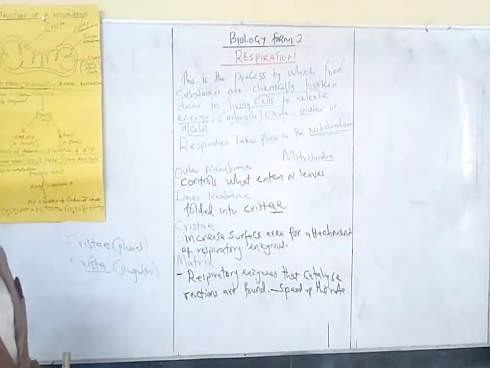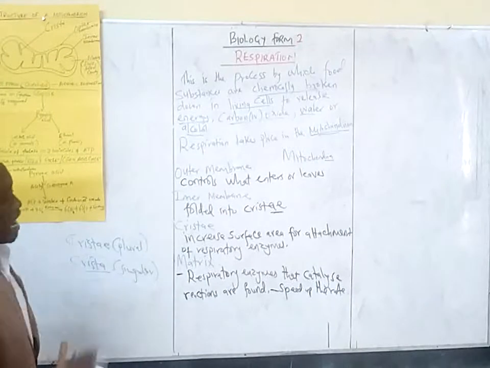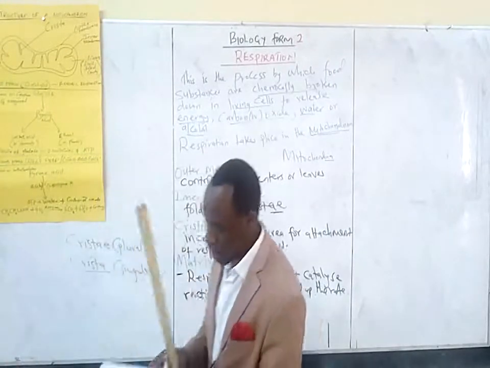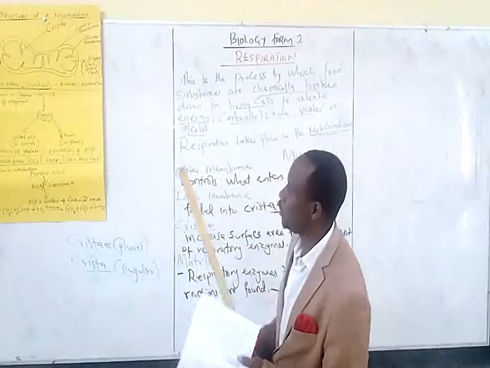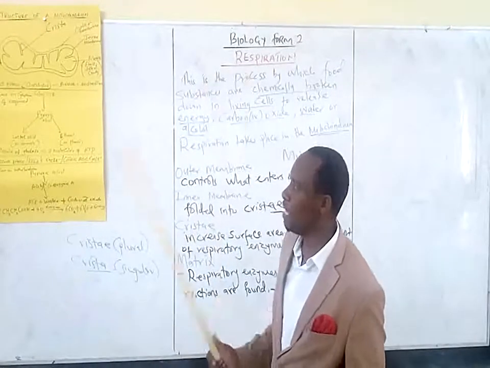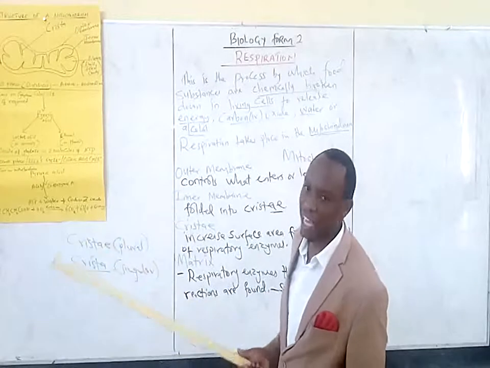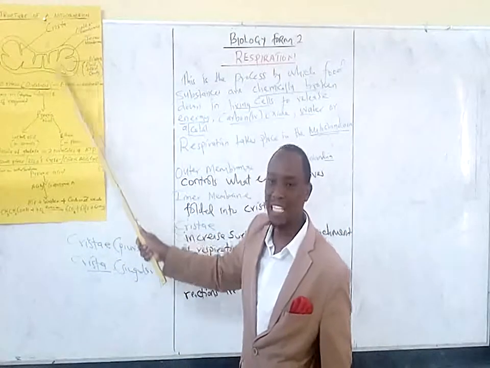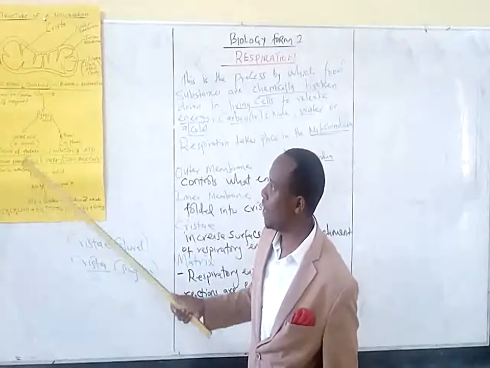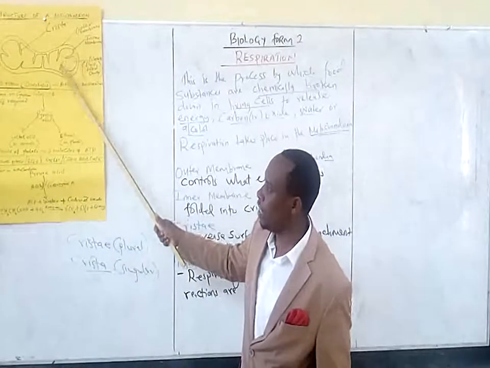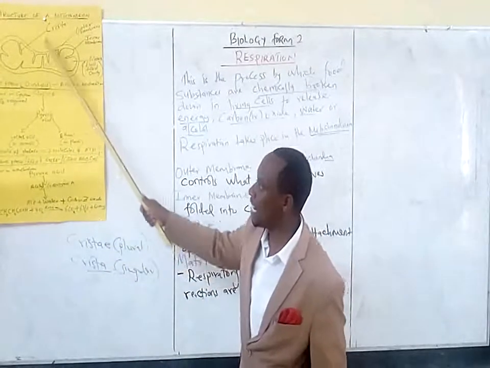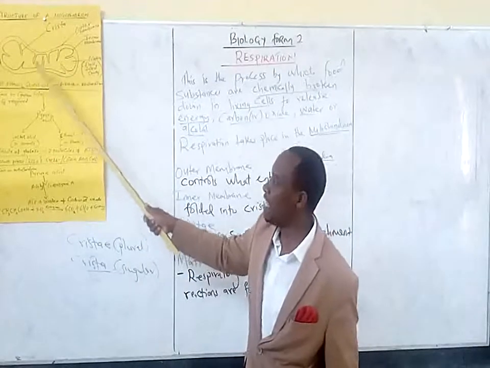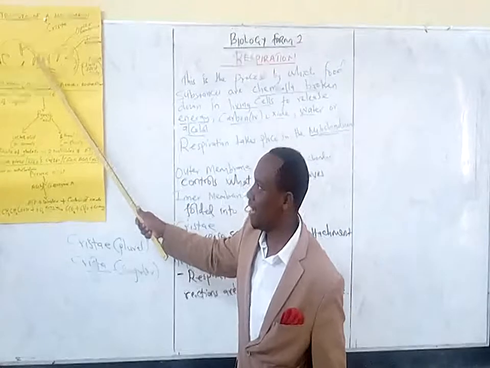So learner, you need to understand this structure. If you're asked in an exam, you must be able to understand, to label, and to know the meaning of the mitochondrion. Again, the outer membrane controls what enters and leaves the mitochondrion. Number two, the inner membrane is folded into cristae, many called cristae and one called a crista.